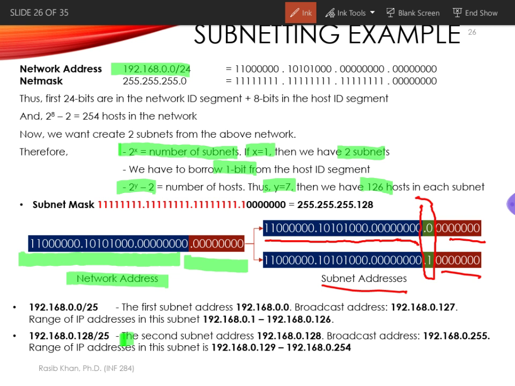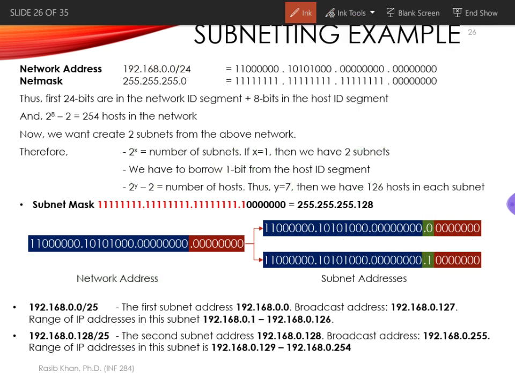So our subnet address, if we calculate the decimal value for this whole number in binary, converts to 192.168.0.0/25. And 25 is here because before we had 24, and now we are borrowing 1 additional bit.